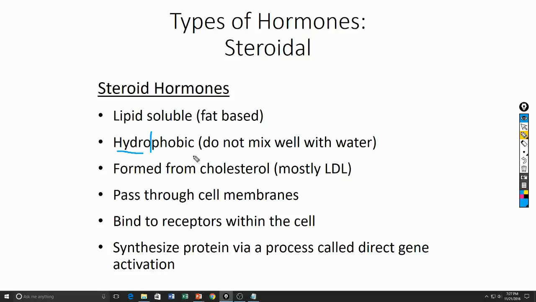If you remember back to your cellular biology, the membrane of cells is a bilipid layer, where you have these tails.